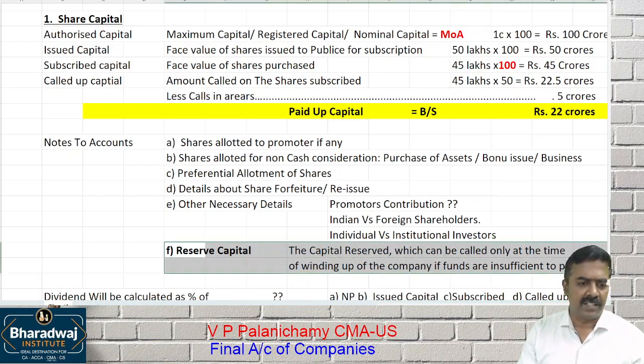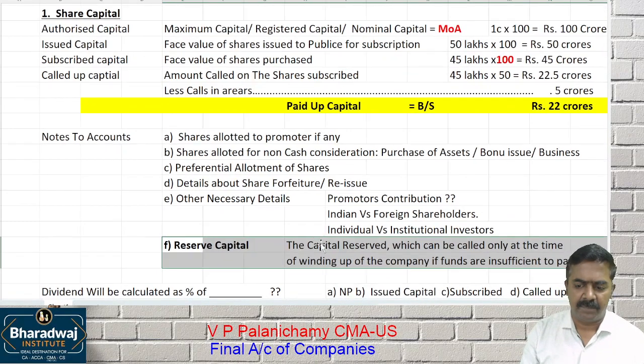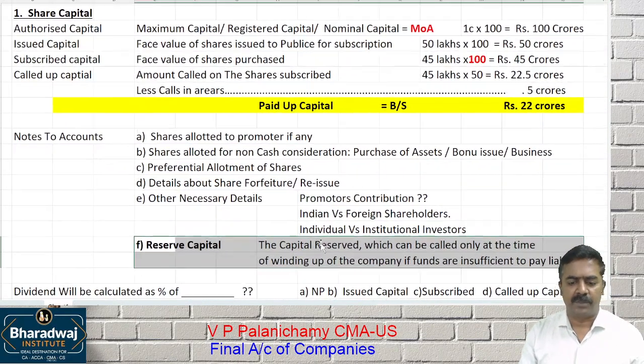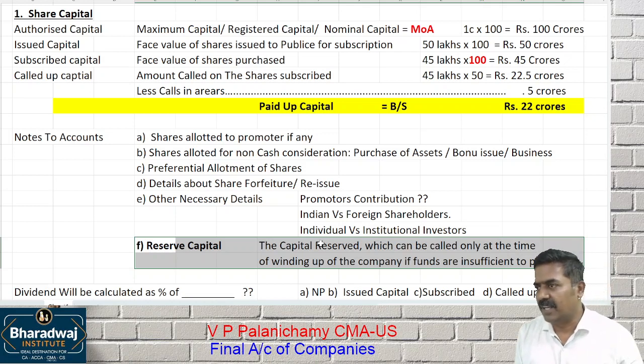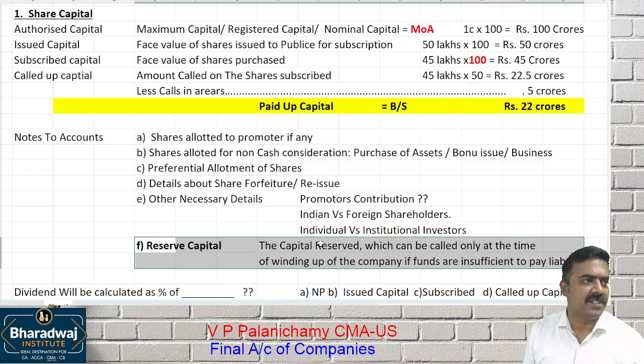That is called reserve capital. For example, pay attention. A company is closed today. The company has, let us assume, 500 crores of assets, but you have to pay 750 crores of liability. Is there sufficient fund available or insufficient?